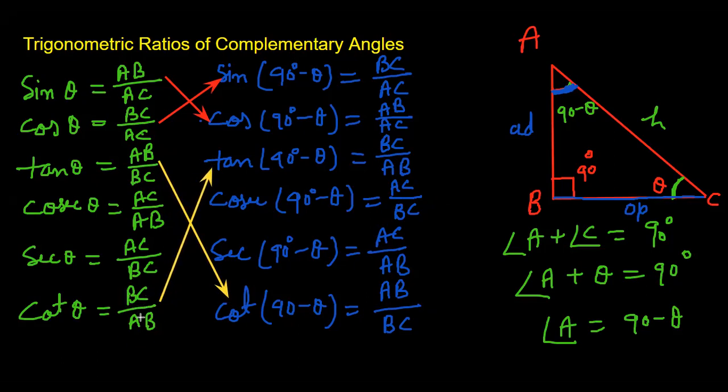Look, BC over AB, BC over AB. And finally, we have one more, that is sec of 90 minus theta, which is AC over BC. Here it is. Sec is related with cosec, and cosec is related with sec.